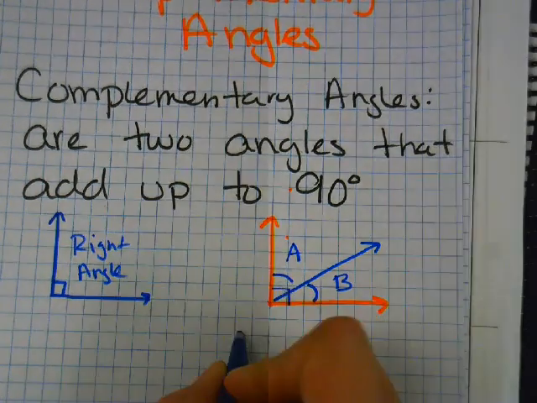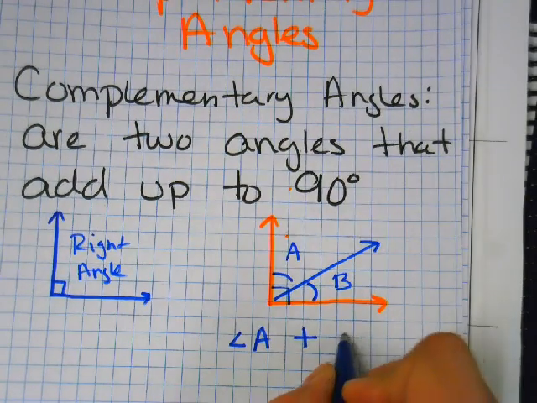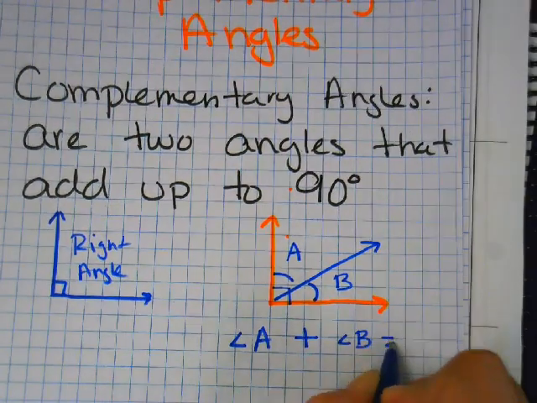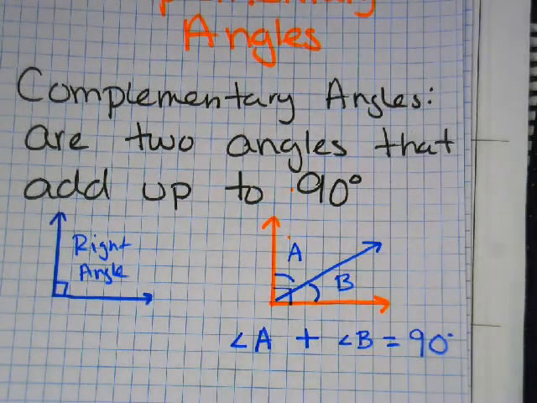So angle A plus angle B is equal to what? 90 degrees. So we're going to be doing some pretty simple math to start with. All you have to do is add these two angles, and it's going to equal 90 degrees. So complementary angles are two angles that equal 90 degrees. Not 100, not 50. Together they make 90 degrees.